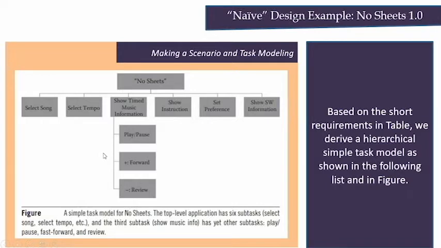As you can see, this is a simple task model for No Sheets. The top level application has 6 subtasks. After you get those, you make a scenario for the subtasks.